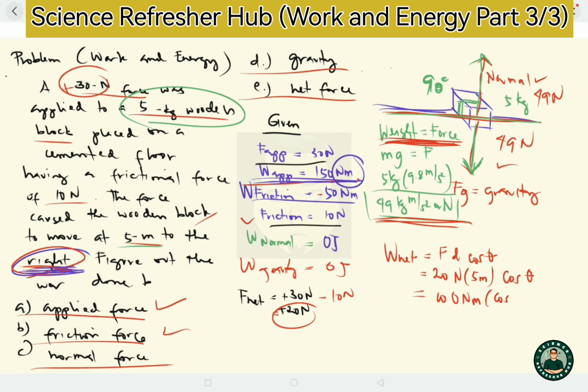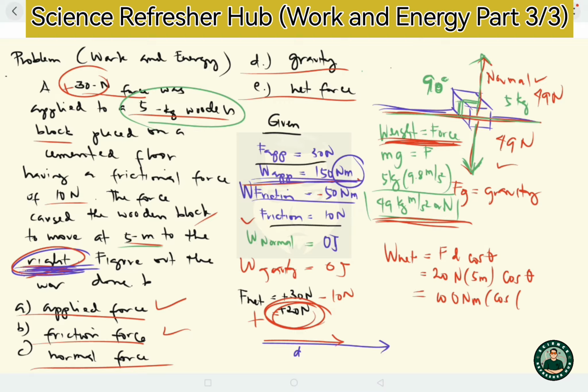And cosine, what's the value of our theta? Let's illustrate. This is the displacement of the block. The block is going to the right. And our net force, as you can see, is positive. So it follows this direction. It's a positive work. So it's gonna be 0 degrees, no angle formed. Cosine 0 degrees is equivalent to 1.